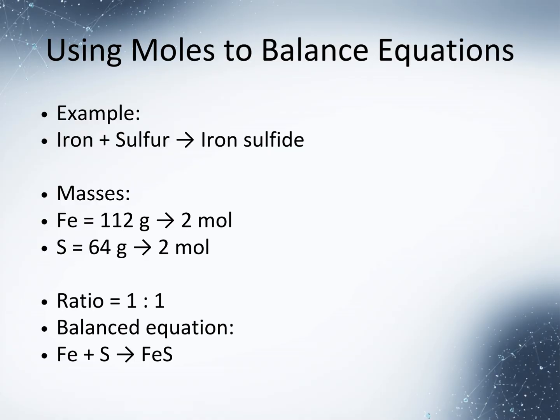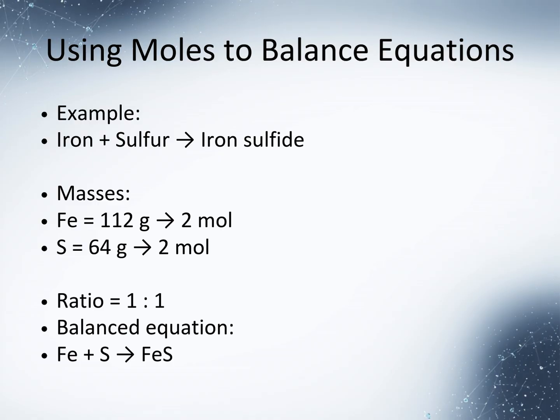Now, we can use moles to balance equations like I've shown you here. So say for example, iron plus sulfur reacts to make iron sulfide. It's already balanced, there's 1, 1, 1, we can see that.